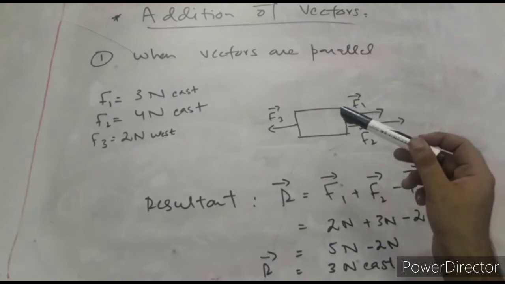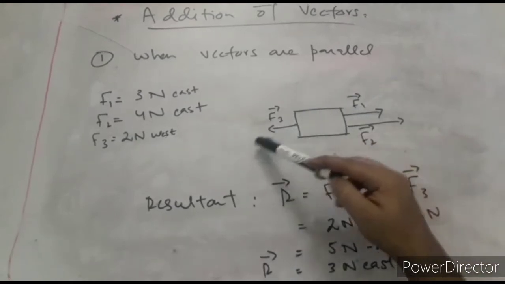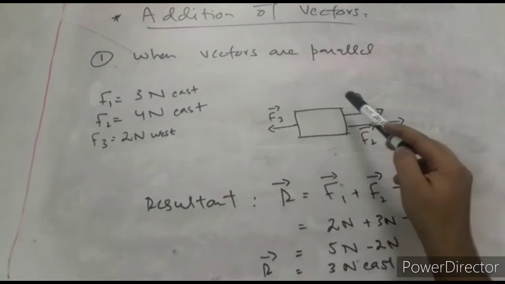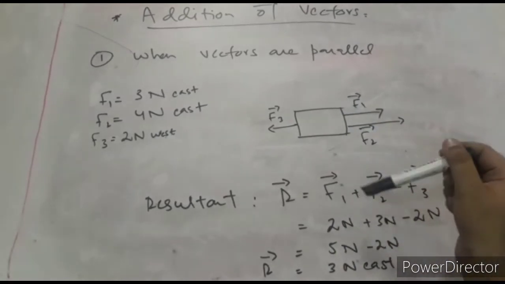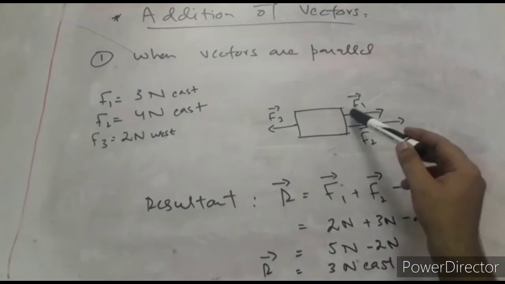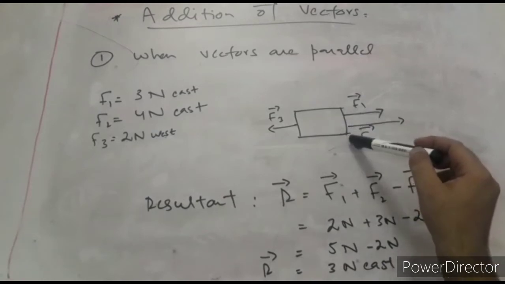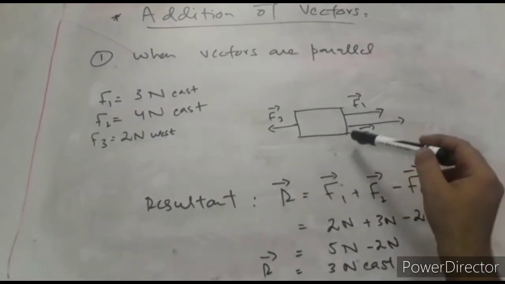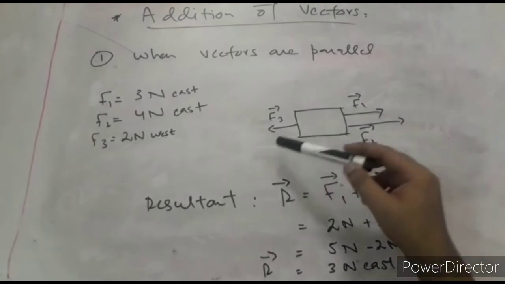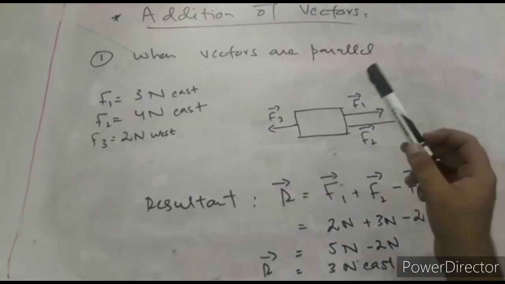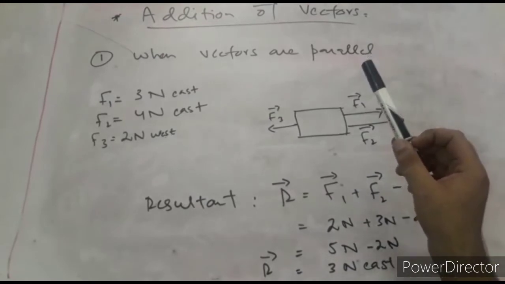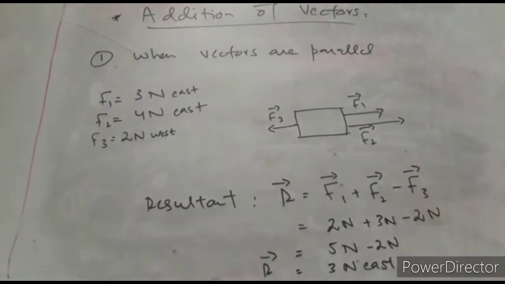Why didn't we start from this vector, F3 minus F1 minus F2? Because we start with the big vector. These two vectors together have a bigger value than this one, so that's why we added these vectors and then subtracted this. Okay, clear everyone? So this is the first case of vector addition when the vectors are parallel.